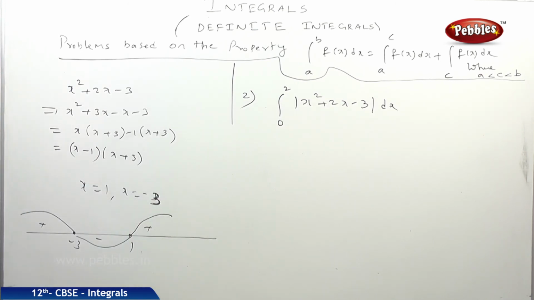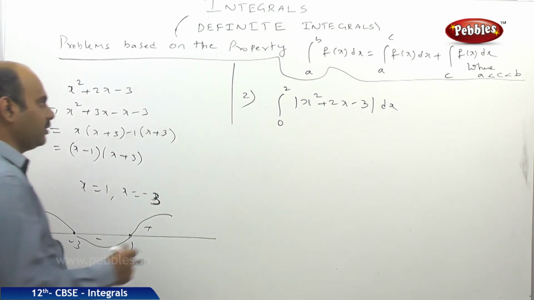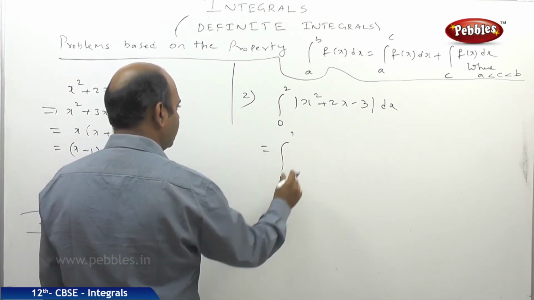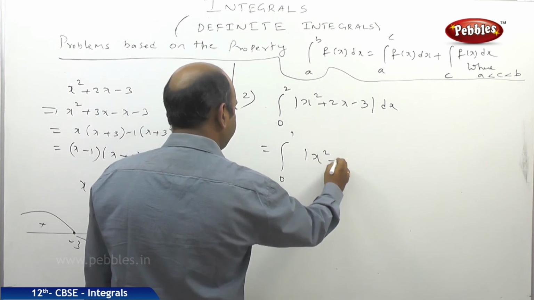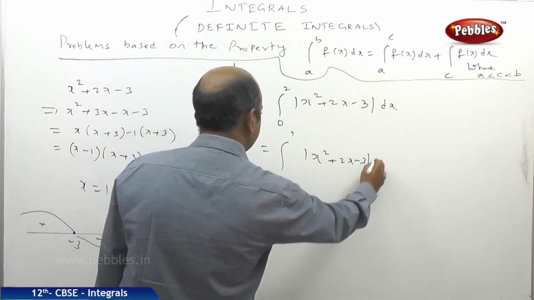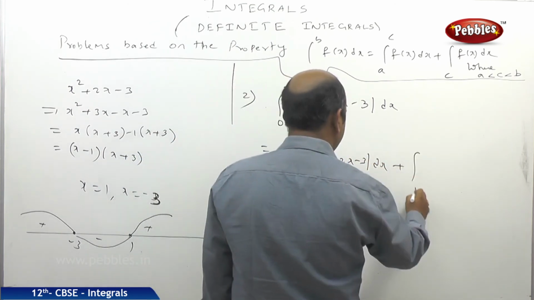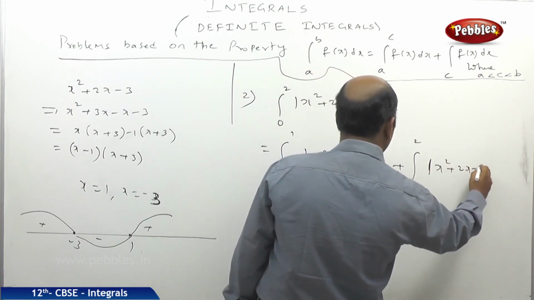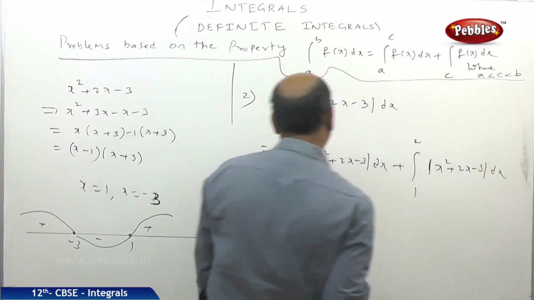Here, if you observe carefully, 0 to 2 is there. So the function can be broken as the integral from 0 to 1 of mod of x square plus 2x minus 3 dx, plus the integral from 1 to 2 of mod of x square plus 2x minus 3 dx.